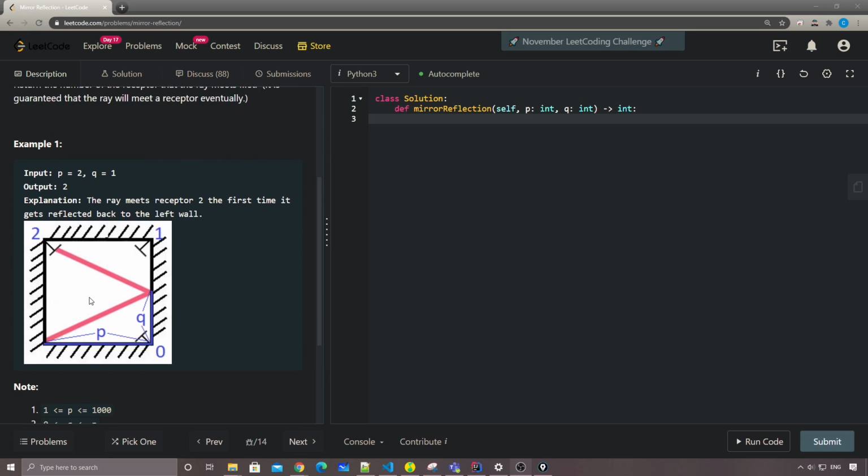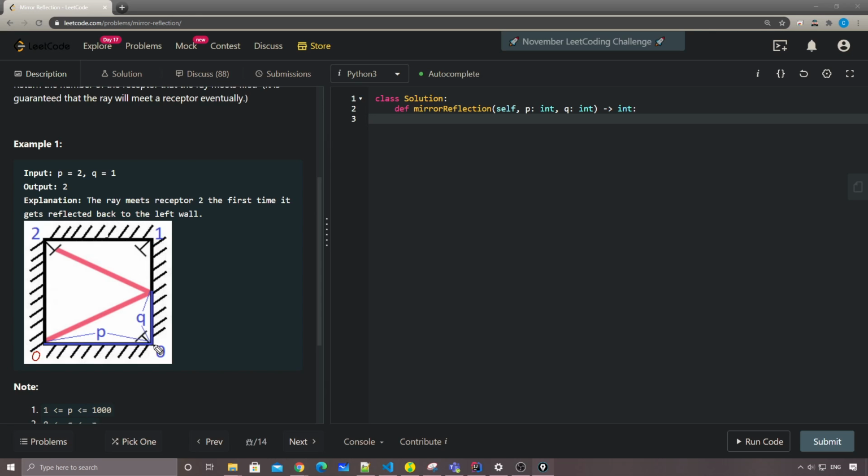So for example, the laser always starts from the bottom left corner, and it will always hit the east wall first, at a distance from 0 to Q. So this is Q, and the length of the square is P, and I just ask you which receptor it will meet first.